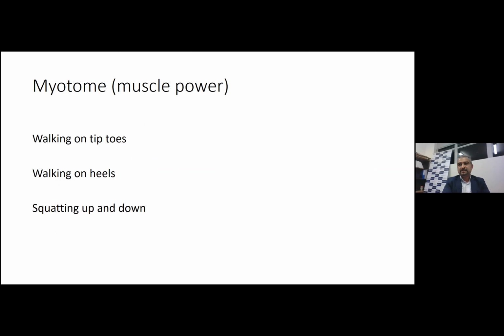A very quick screening examination for muscle power: I get them to walk on their toes, on their heels, and squat up and down. It's a very quick way to see if the patient has muscle weakness. And if I'm concerned, then I sit down and examine each individual muscle group.